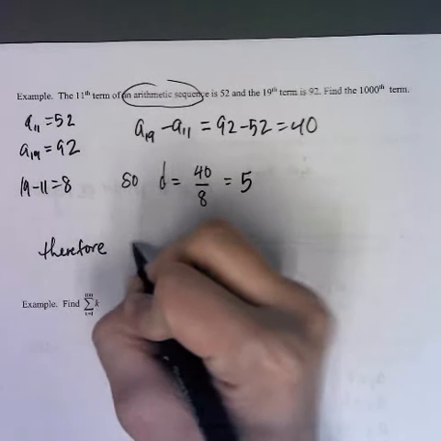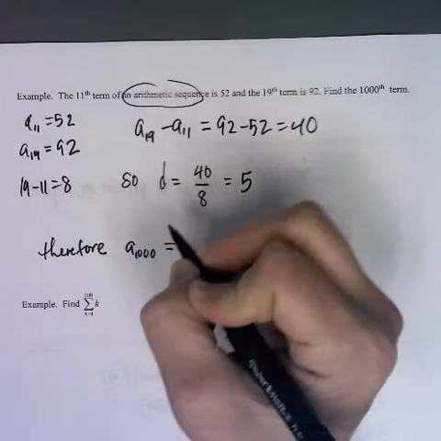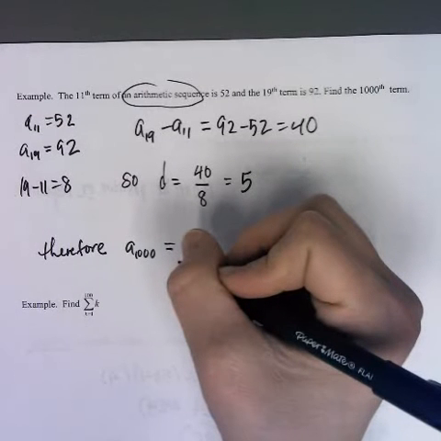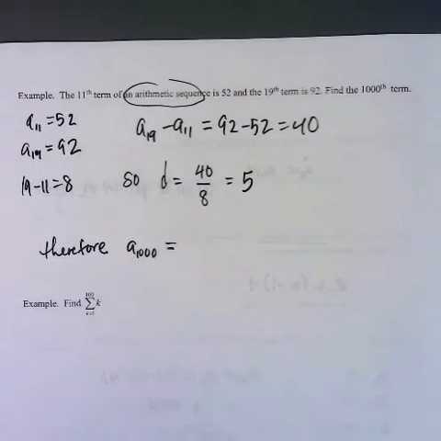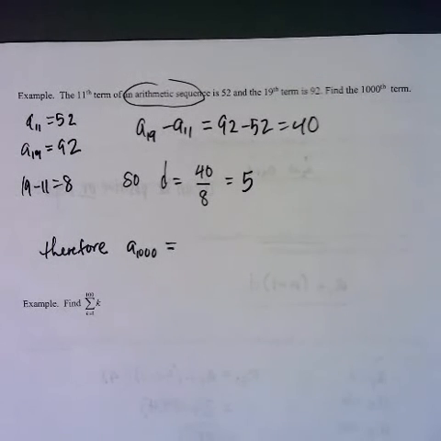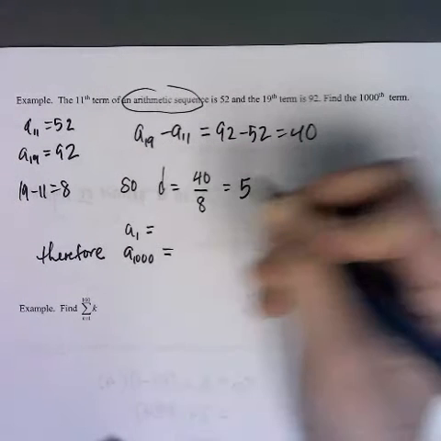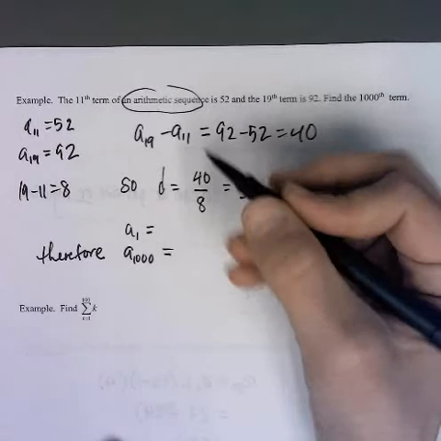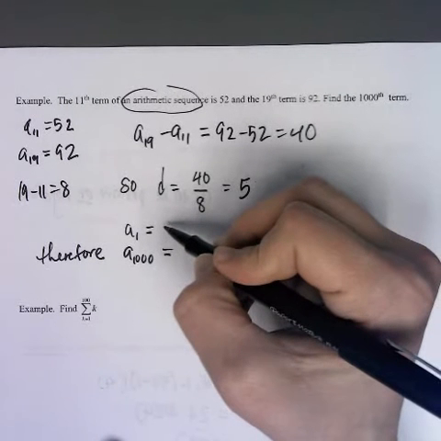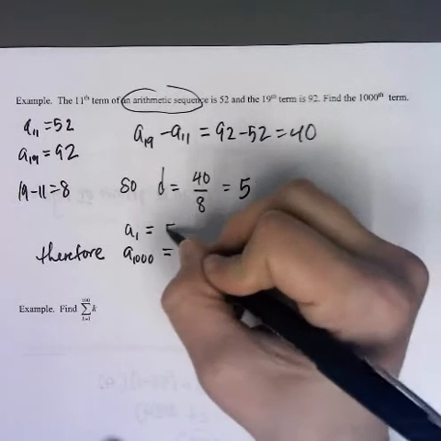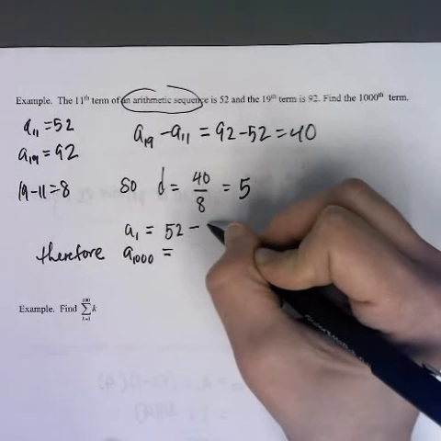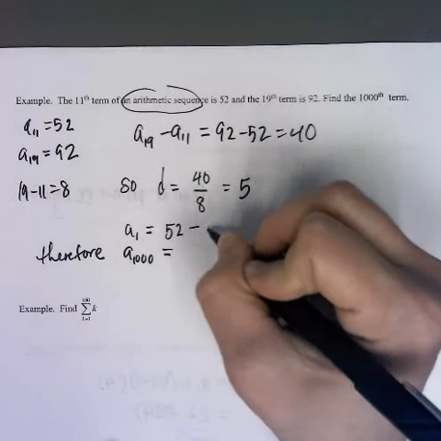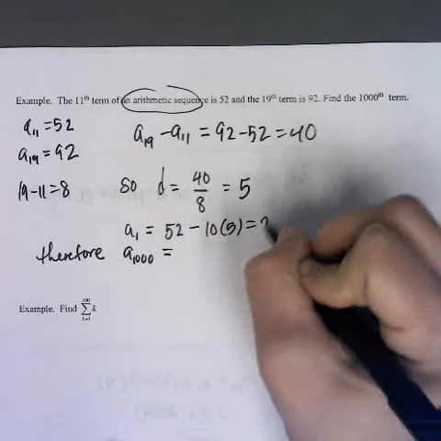Therefore, a sub 1000 will be a sub 1, which isn't given, right? So you could figure it out. I guess I should have figured it out here. You can figure it out using the formula. You would take 52 minus the difference, which is 5, and that's 10 terms away, so 10 times 5, which gives a sub 1 of 2.